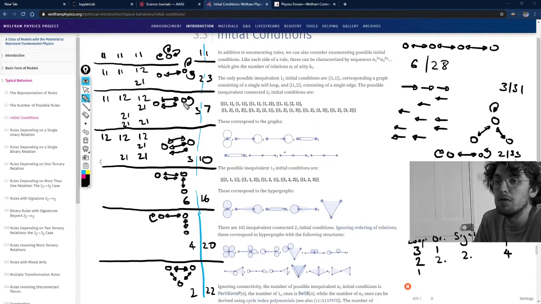We've got 1 orientation here, 1 orientation here, 1 orientation here. Do we have 3 orientations? This one has 3 sign changes.